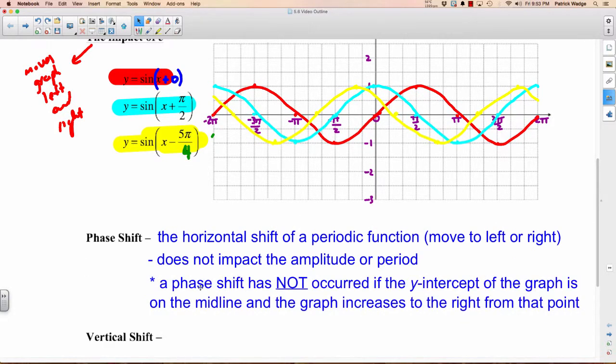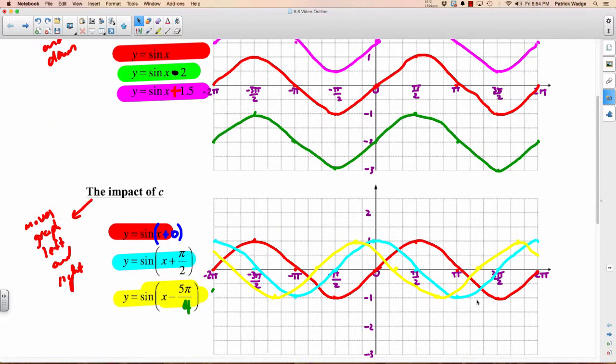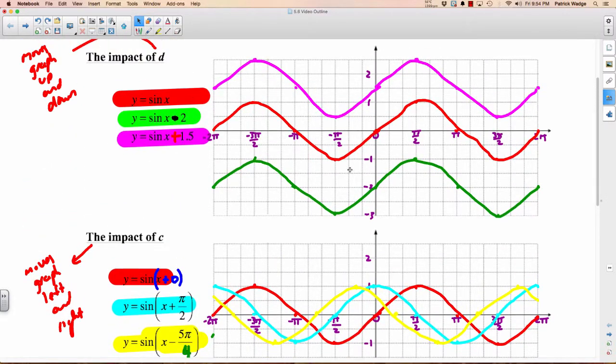Okay, a phase shift has not occurred if the y-intercept of the graph is on the midline and the graph increases to the right from that point. So that's a little bit confusing. For example, these ones, no phase shifting took place, right? These were not moved to the left and right. So what they're saying here is, if you drew the midline, so I'll just draw a midline.